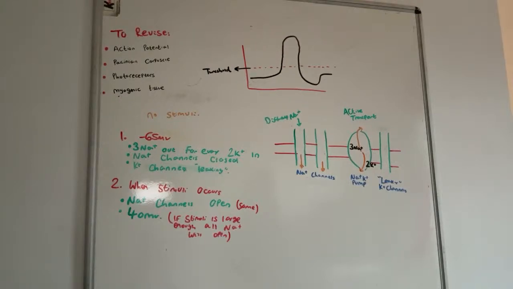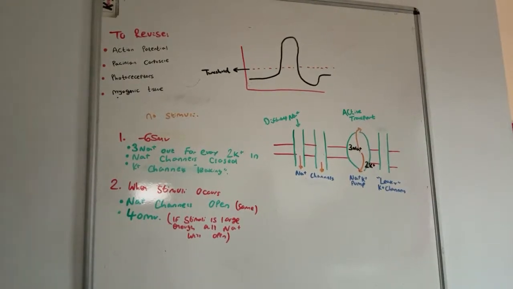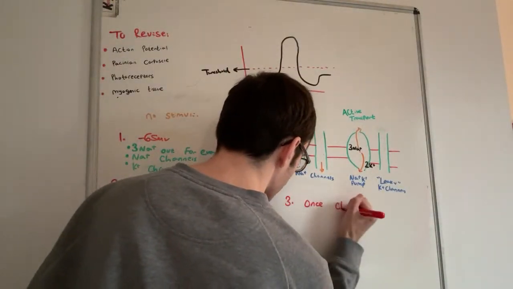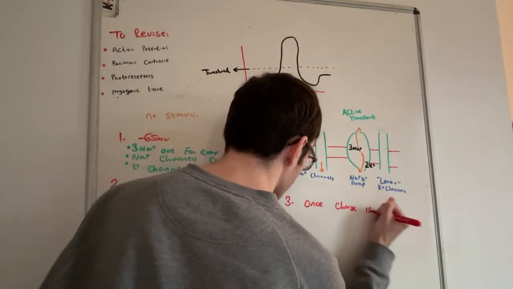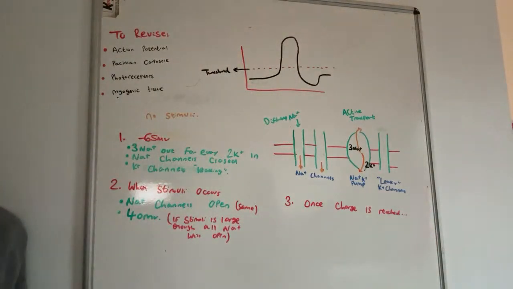So it's going to raise the charge inside the cell. It will rapidly increase the charge as sodium ions go into the cell. Once the charge is reached, potassium channels are going to open up, which causes repolarization.